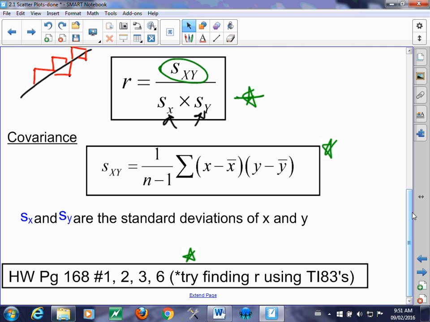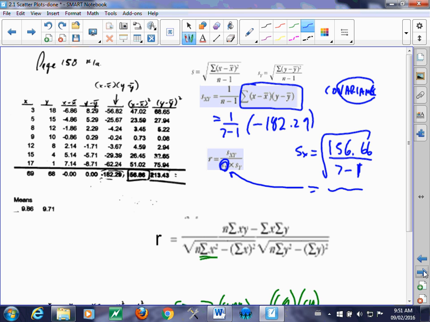Just for those people who may not be believers in technology, I will show you on this page. You don't need to print it off or even look at it if you don't want to. So here is from page 151, the first example that I graphed. Here are your x values, here are your y values. The next column is you take each data point in the x and subtract it from the mean of the x values.